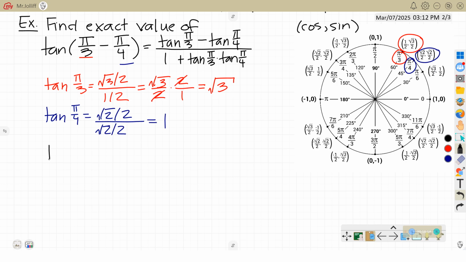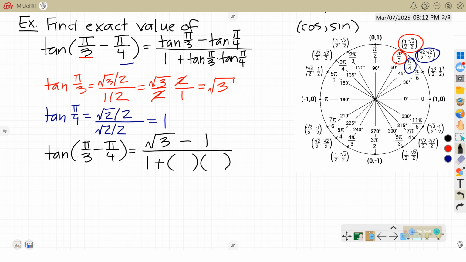I'm going to go back to my original question, which is what is tan of pi over 3 minus pi over 4? We have a fraction for that. It's tan pi over 3, which is root 3, minus tangent of pi over 4, which is 1. Denominator is 1 plus tangent pi over 3, tangent pi over 4.